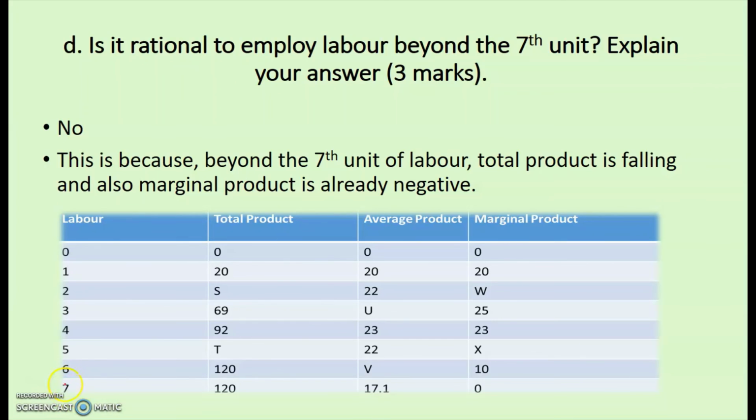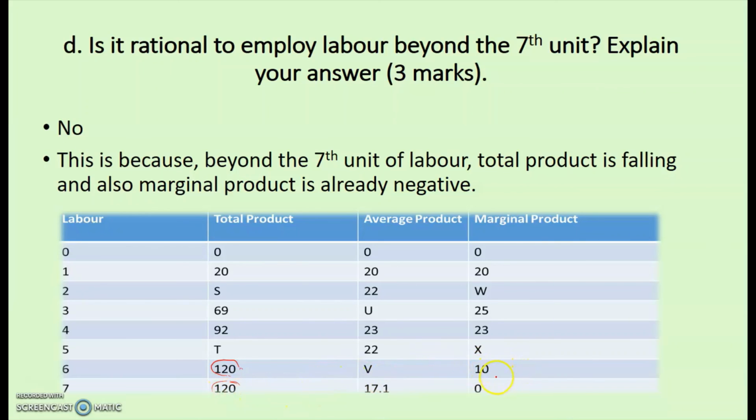At the 7th, when we employ the 7th person, realize that the total product remains unchanged. The 6th person is giving us a total product of 120. Then employing the 7th person should have increased our total product, but we are having the same total product repeating itself here, which is 120.